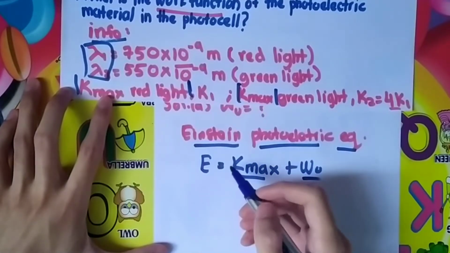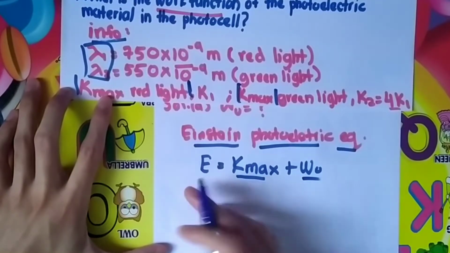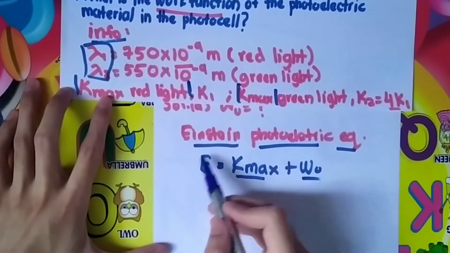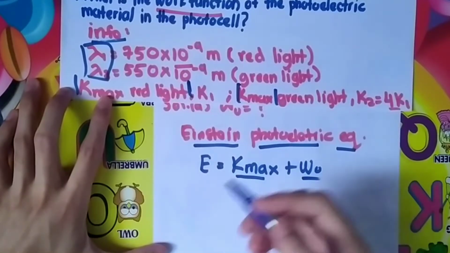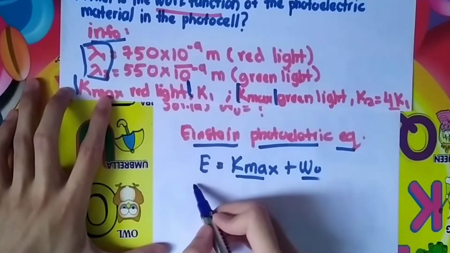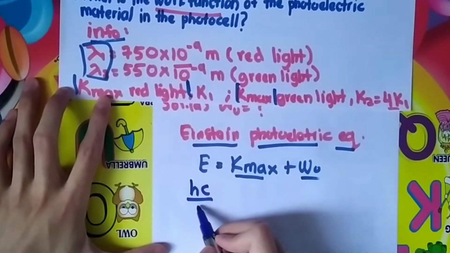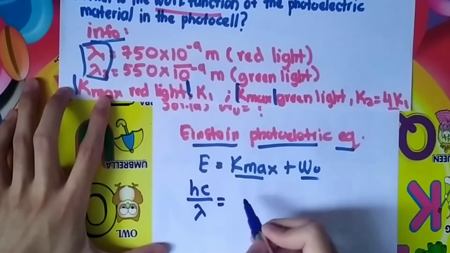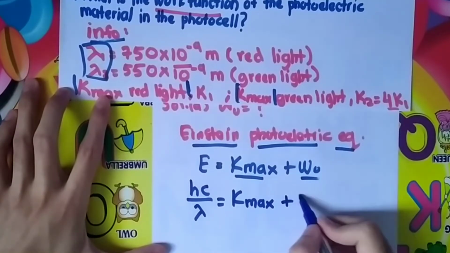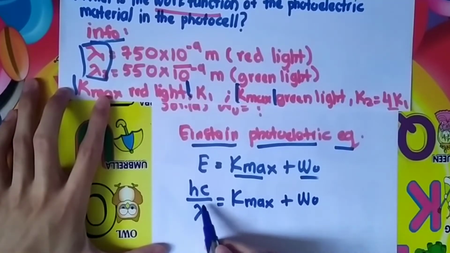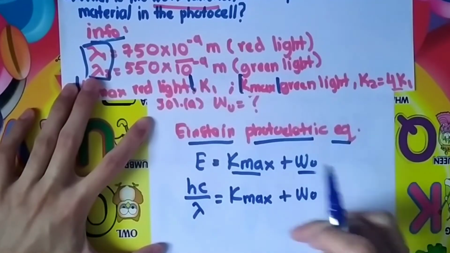We just need to change E, because in this formula we don't have lambda. So E can be changed to hc divided by lambda equal to Kmax plus W naught. This is the equation we want to use to calculate W naught.